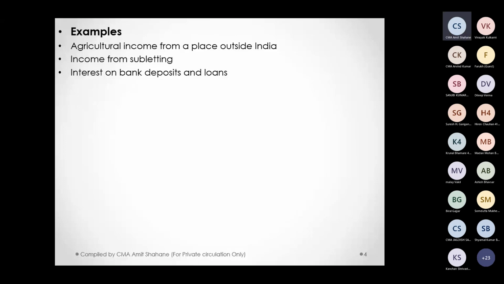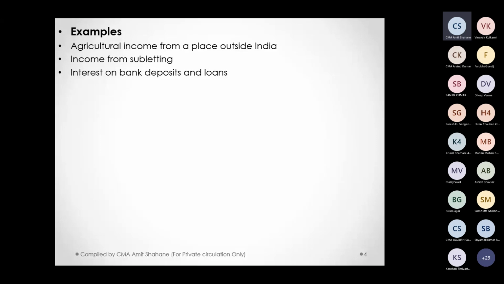So let's say I have a fixed deposit of 10 lakh rupees, and just for the sake of it, let's assume that the rate of interest is 10% and the tenure of that fixed deposit is 5 years. So at the end of the fifth year, I'll be getting 5 lakh rupees of interest, right? So people accumulate this income and charge it in the year of receipt.